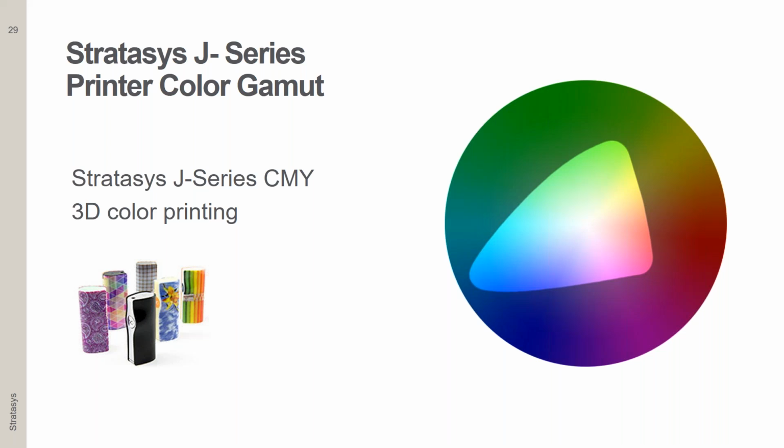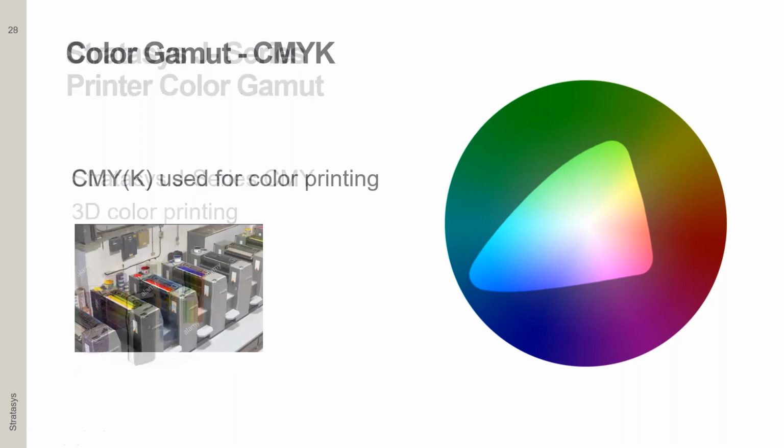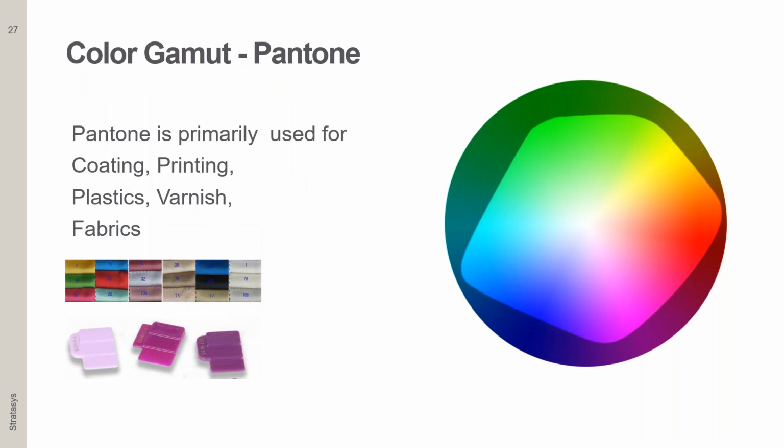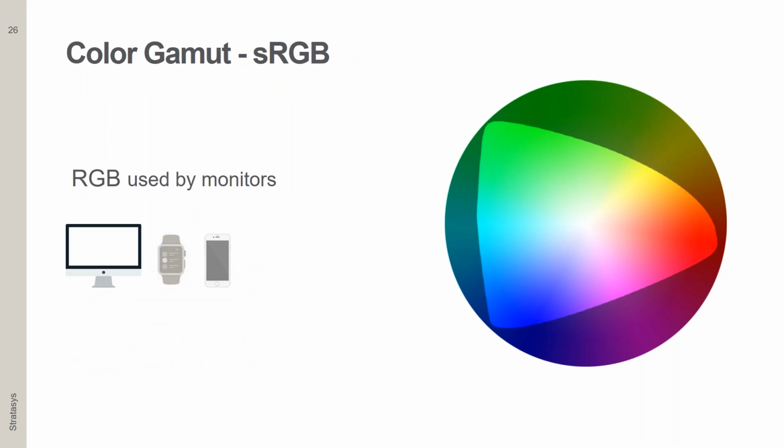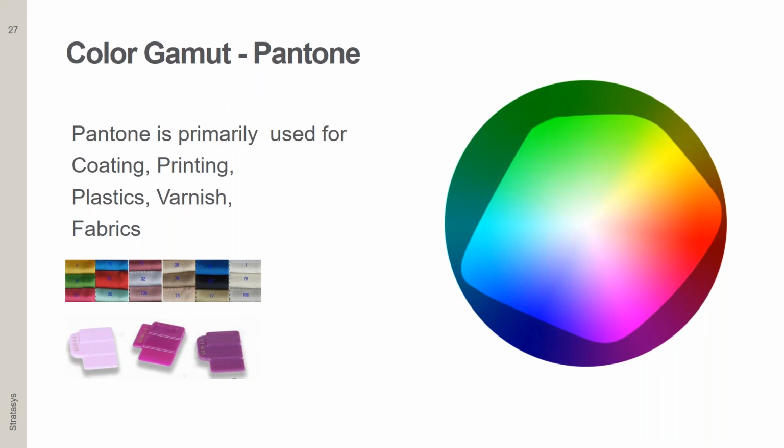But Michael, wait, in the beginning of the video, we saw that the J850, for example, the printer, is certified for Pantone, but this color gamut looks much smaller than the Pantone one. Why is that? Yeah, the reason is that in the whole Pantone gamut, you have fabrics like textiles, leather, jeans, or whatever.